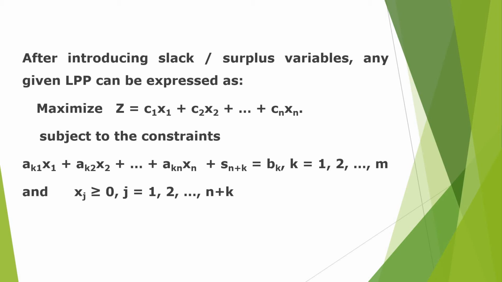There are m constraints, so k will take values 1 to m, and xj greater than or equal to 0. Now we have n plus k variables, which include decision variables and slack variables. So j runs from 1 up to n plus k.